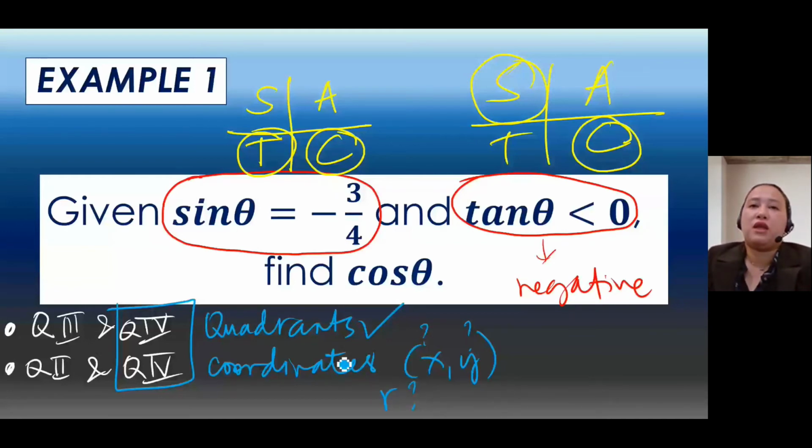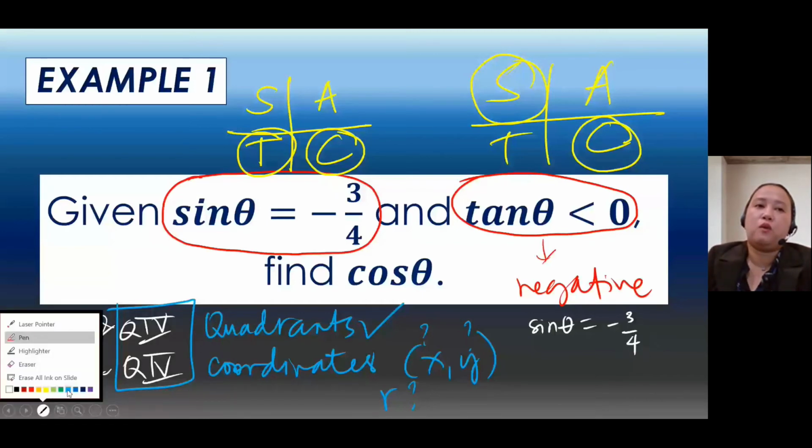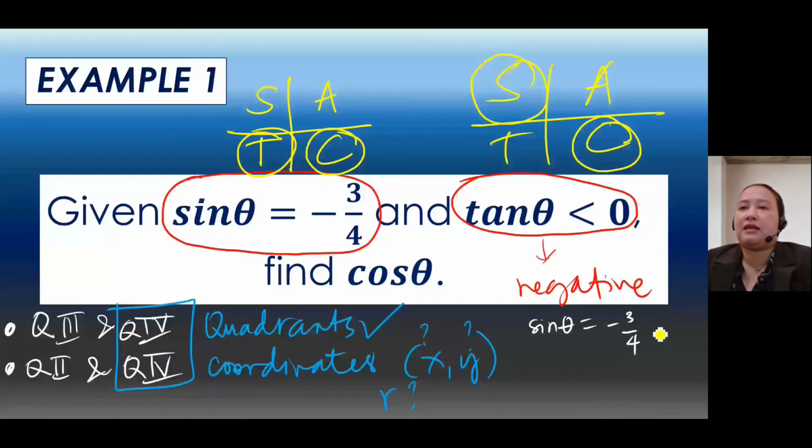In determining the coordinates, let us first take a look at sine theta. Sine theta is equal to negative 3 over 4. That is a given. And we know that sine theta is y over r. So we can already identify the values of y and r.